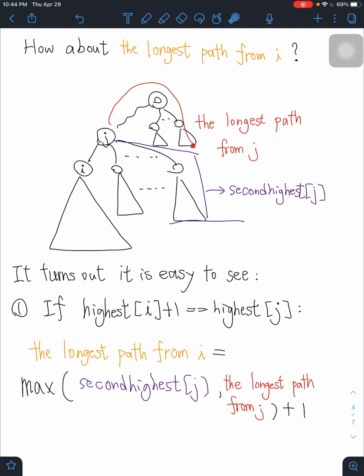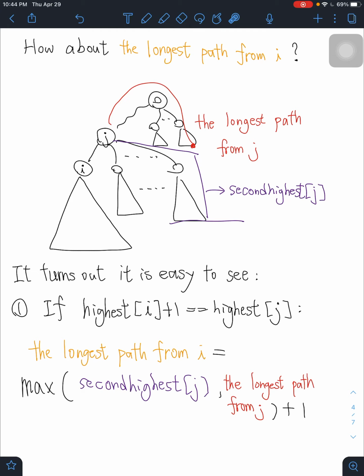It turns out it is also easy to see. Let's assume we have this case. If highest I plus 1 is equal to highest J, so it's like J's choice, J's children will be I, and then later its children and the right siblings.